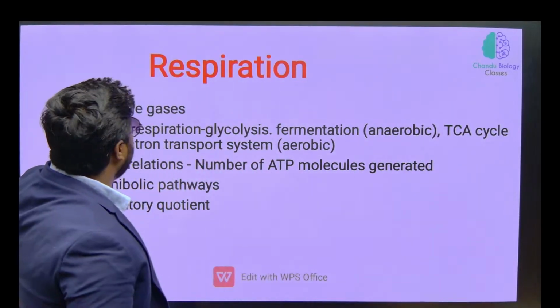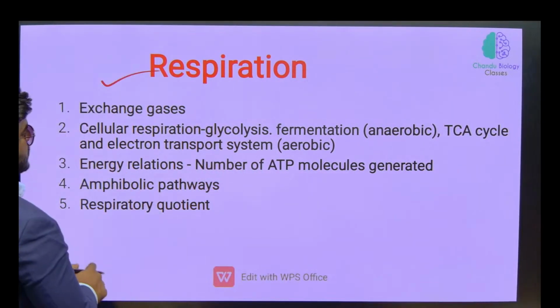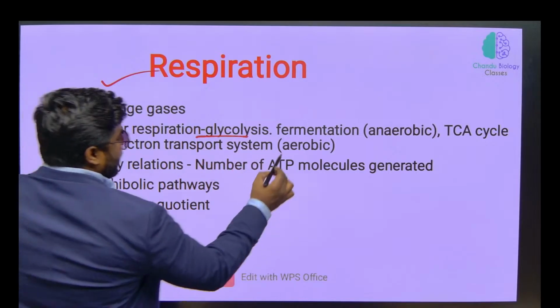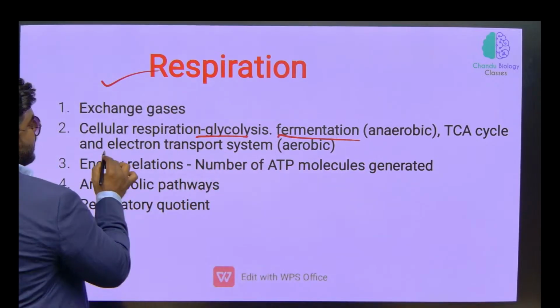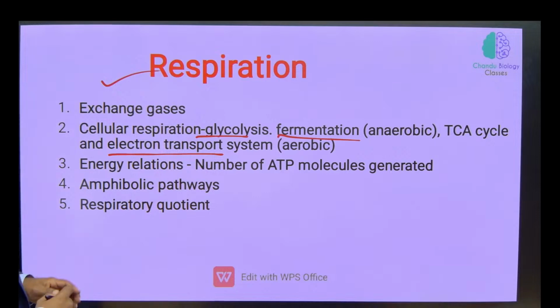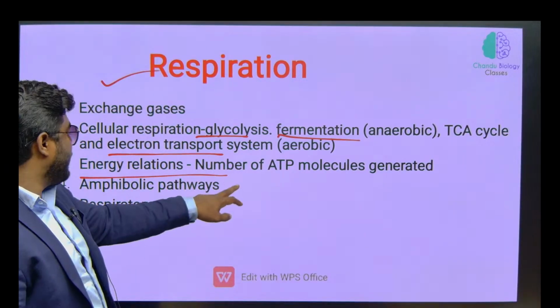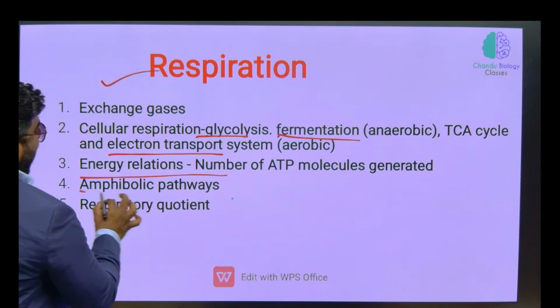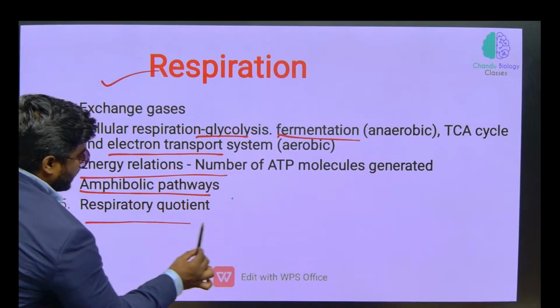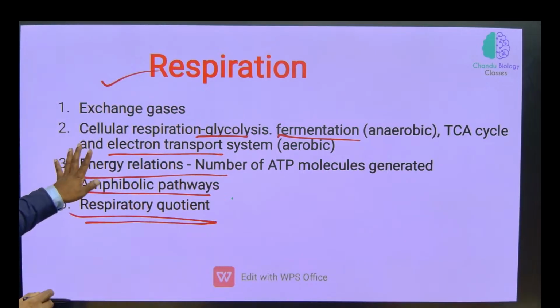In this chapter we have to majorly focus on glycolysis, fermentation, Krebs cycle, electron transport chain and oxidative phosphorylation. Then energy related, meaning how many ATP and NADPH are released, what is called the amphibolic pathway and what is the respiratory quotient. This is the exact syllabus.